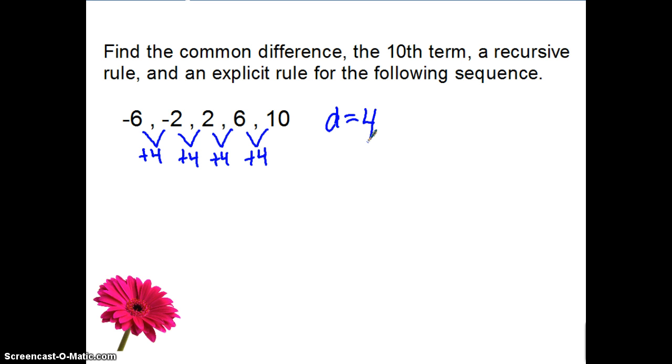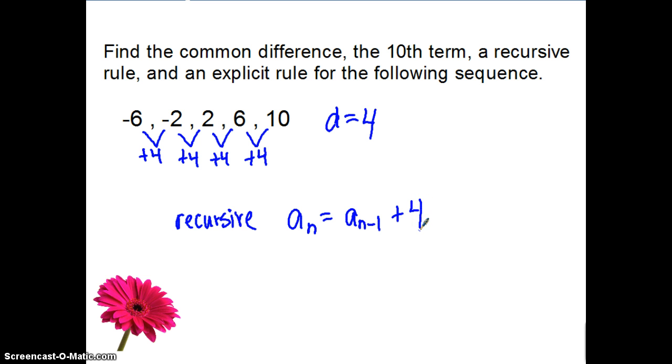It asked me to write a recursive rule and an explicit rule, and it also asked me to find the 10th term. I think finding the 10th term is going to be easier after we have written these rules. So let's write the recursive rule first, and this is the one that bases the next term on the term before it. So our recursive rule is going to say a sub n equals a sub n minus 1 plus 4.